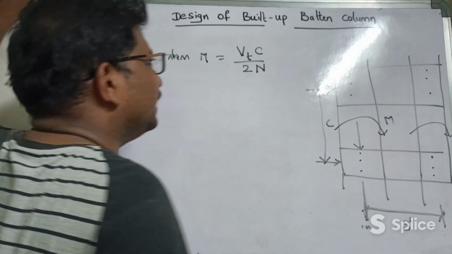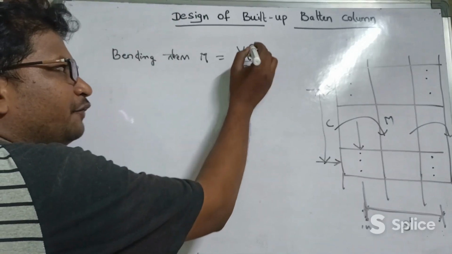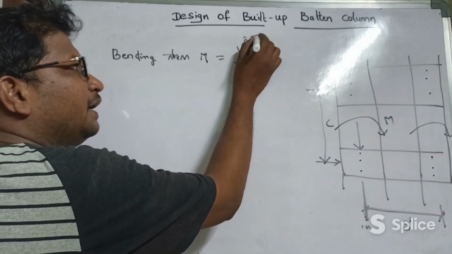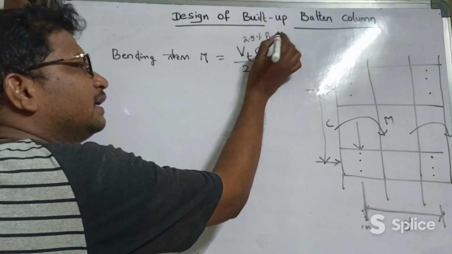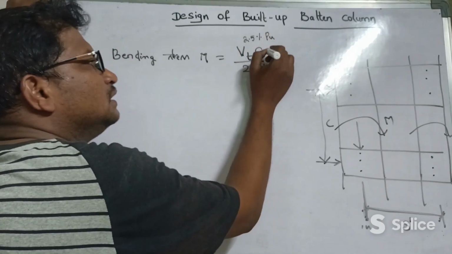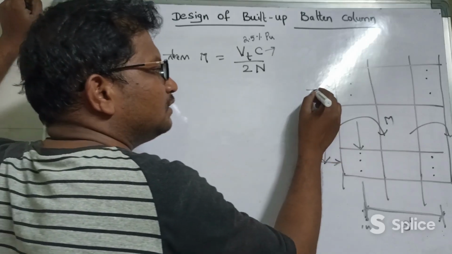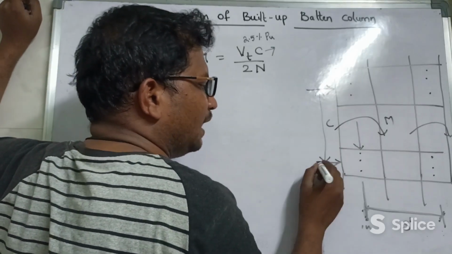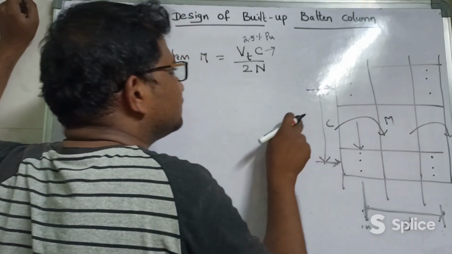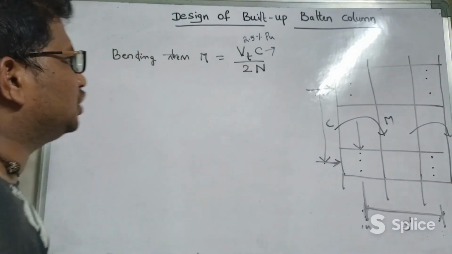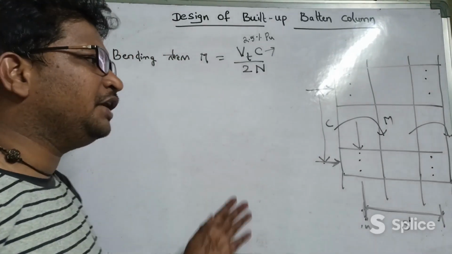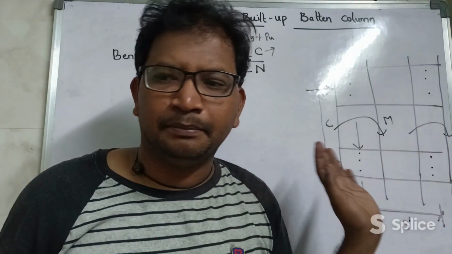We know Vt value, 2.5 percentage of ultimate factored load. C is center to center distance between battens. N is the number of shear planes. These three are the forces acting on the batten.